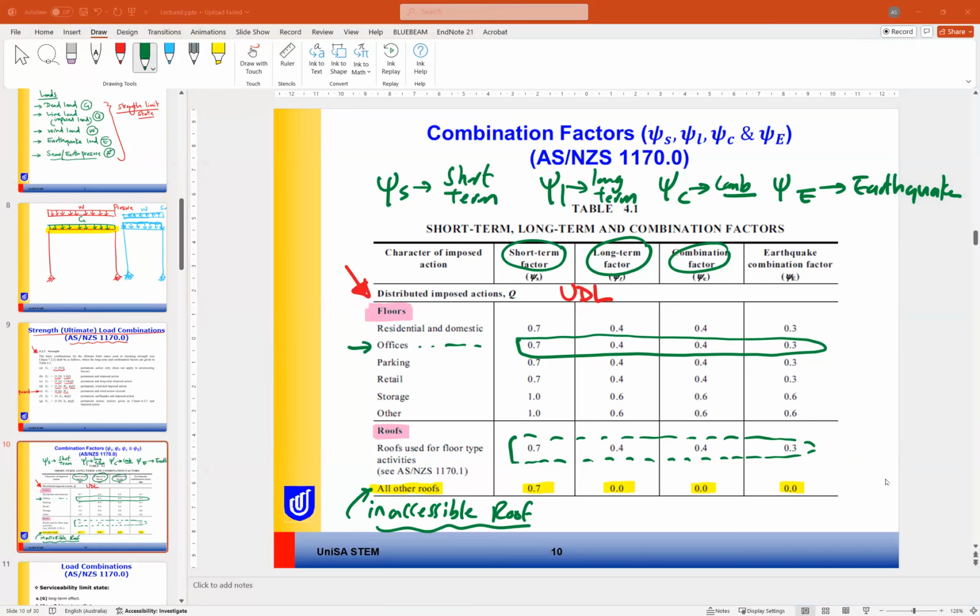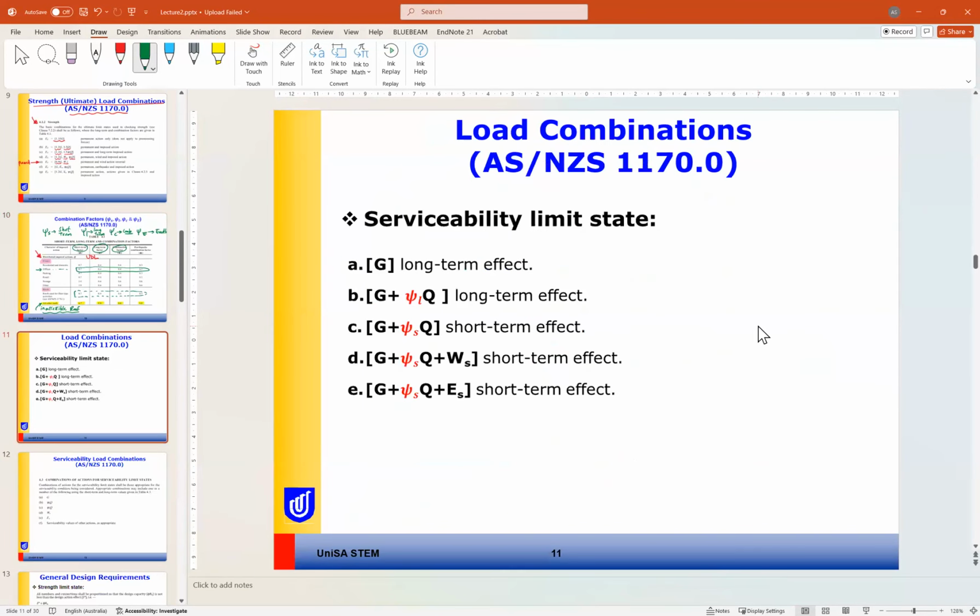Okay, let's go to the next part, which is the serviceability load combination. We will need this load combination for the deflection or deformation check.